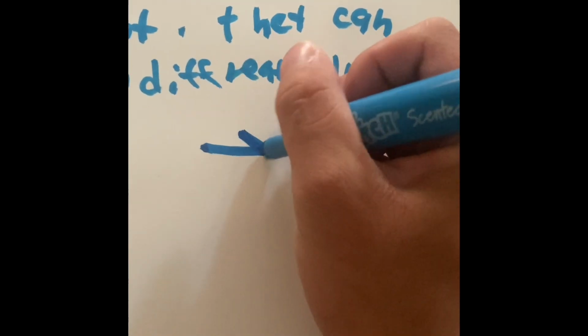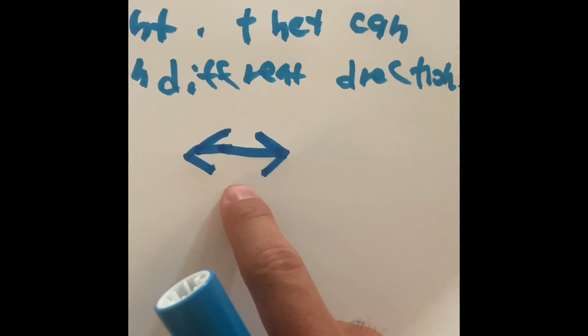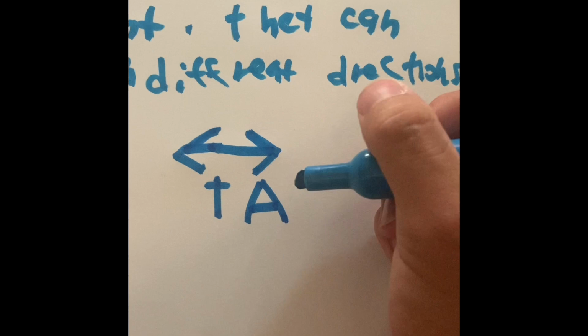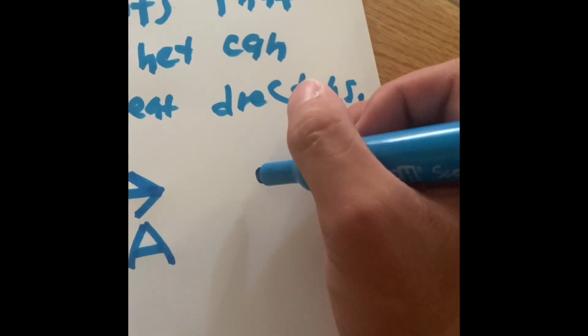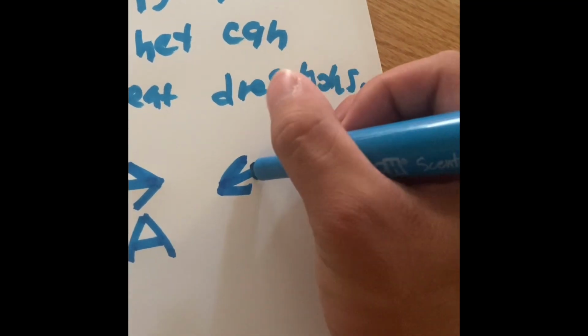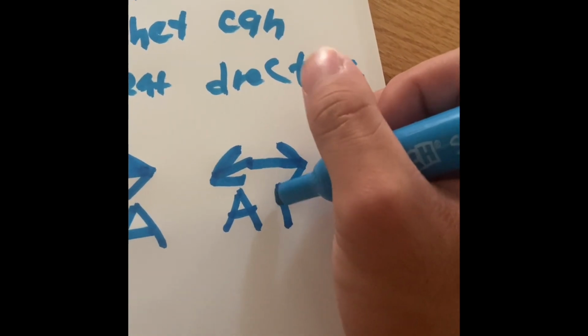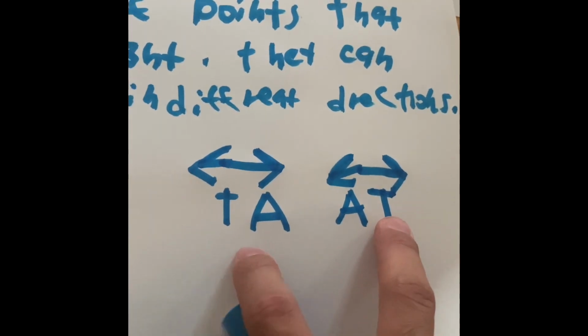This is a symbol that we can use to make math a bit easier. Line TA. Sometimes people want to be creative, and we can also say line AT. You can use either way.